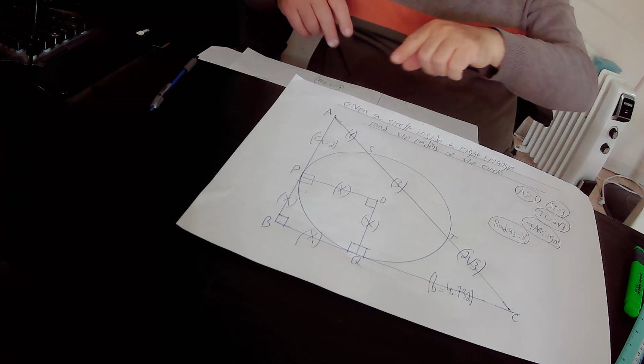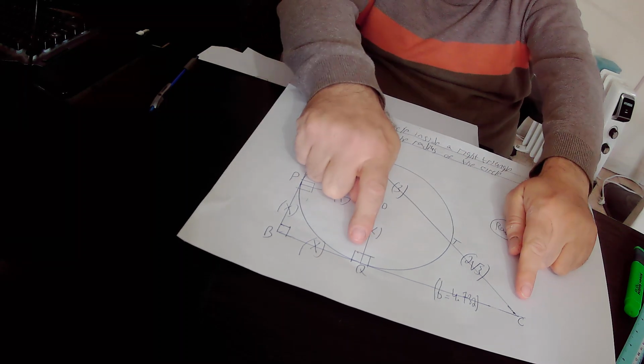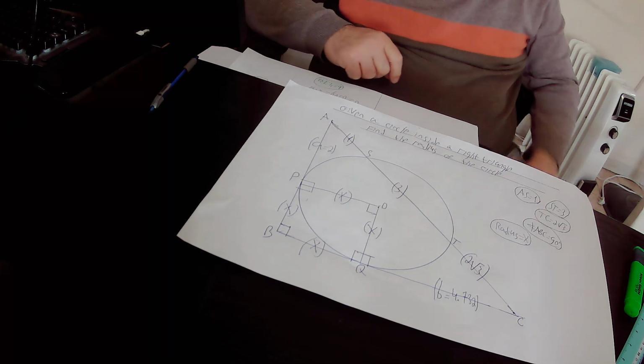In the next step, we define this line segment AP as a, and we define this line segment QC as b. Here, we implemented rule 10.